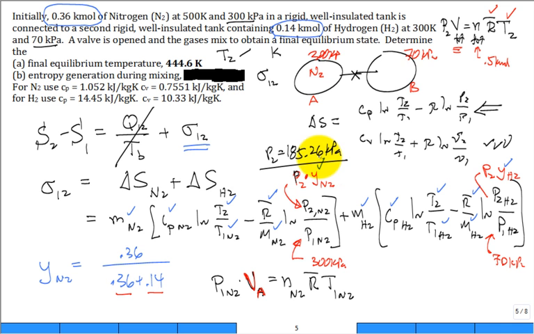Is it between the 70 low to begin with and the 300 high to begin with? Sure. So there you go. Once you do that, then you just calculate the sigma 1 to 2, and it comes in at 0.669 kilojoules per Kelvin. Yes, sir.